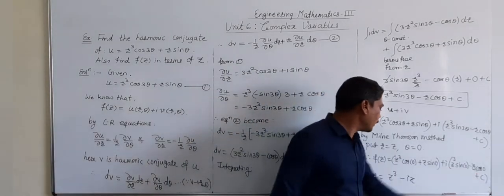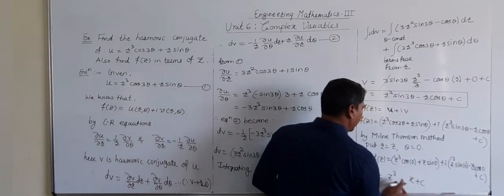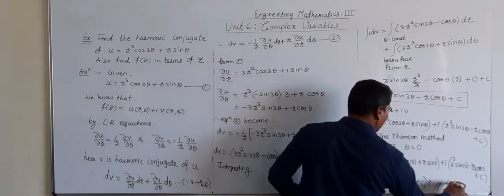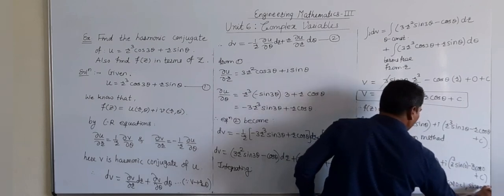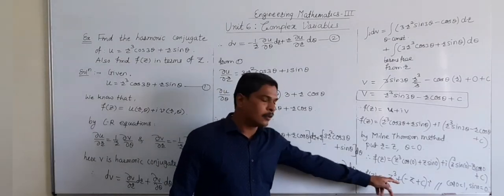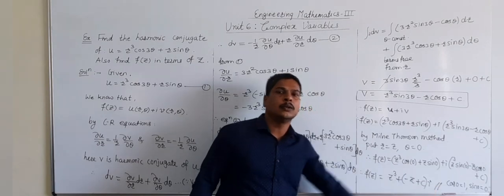So this becomes minus z plus c. So this is our final answer, since cos 0 is 1, sin 0 is 0. Okay. So this is our required answer, f of z in terms of z: z cube plus in bracket minus z plus c into r.